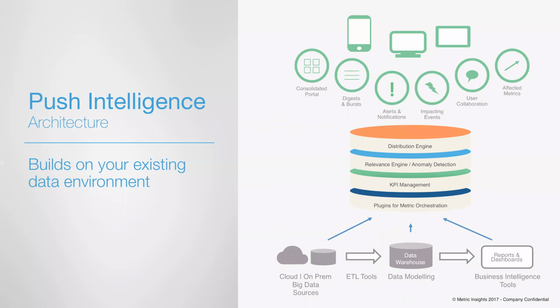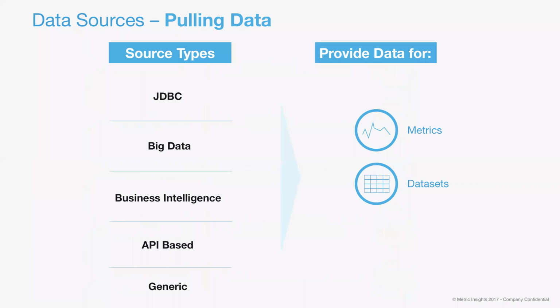Our platform builds on your existing infrastructure, so we're able to create and source those elements from many different areas, whether they're your operational systems, cloud applications, existing databases, or your existing BI tools. We sit on top of that architecture to build those elements and that content.